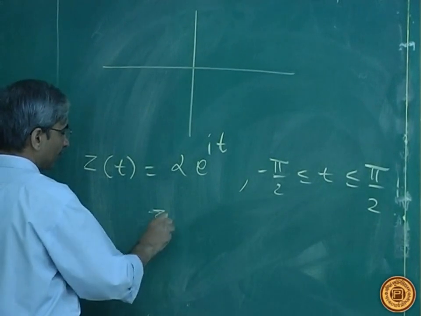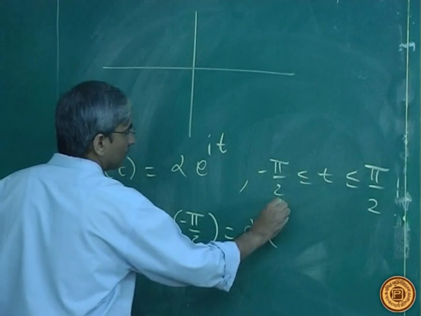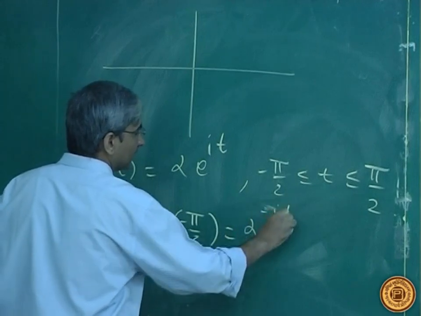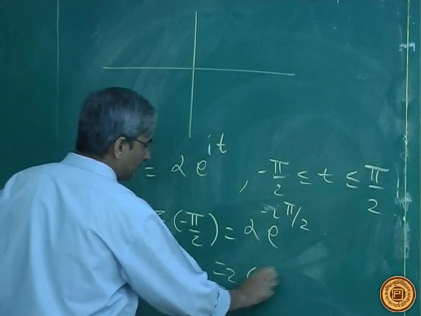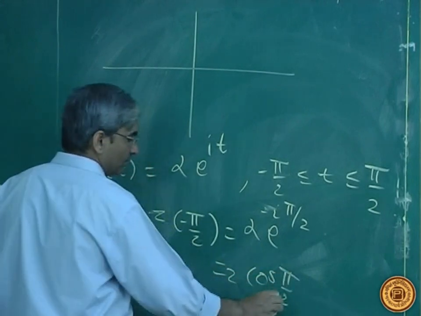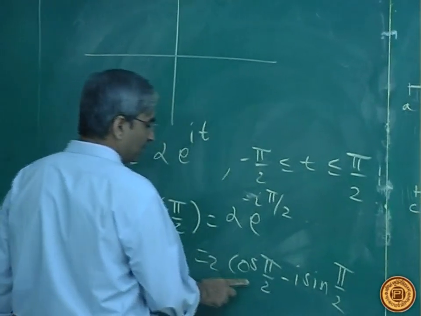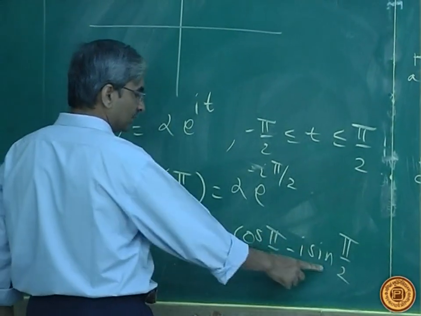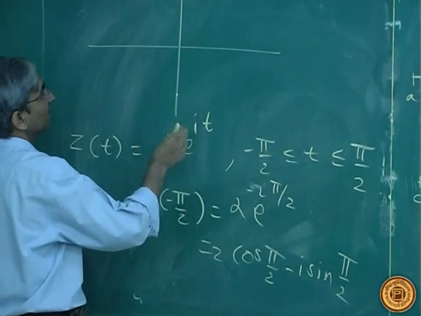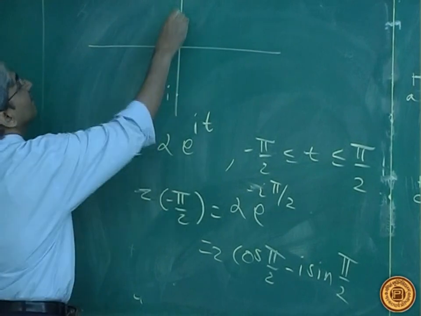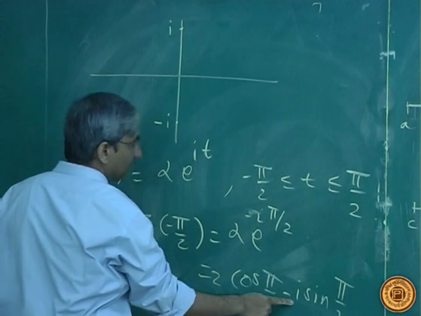So z of minus pi by 2 is equal to what? 2 e raised to i times minus pi by 2. That is 2 times cos pi by 2 minus i sin pi by 2. But cos pi by 2 is 0, and sin pi by 2 is 1, so it is minus 2i. So it is this point. Similarly, if you take pi by 2, it will be plus 2i.